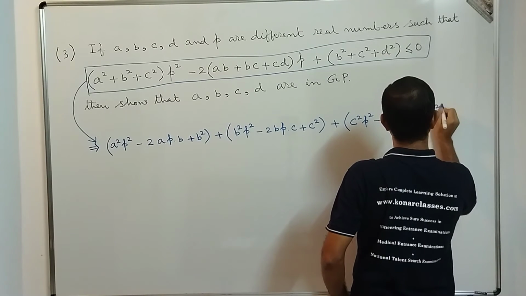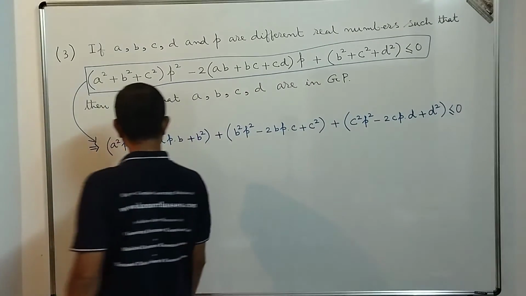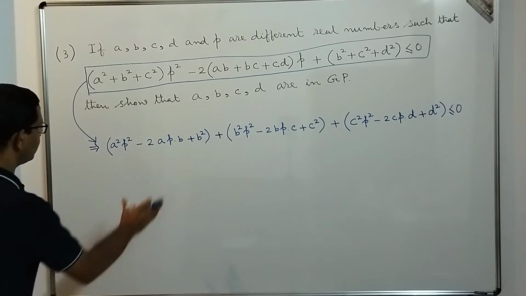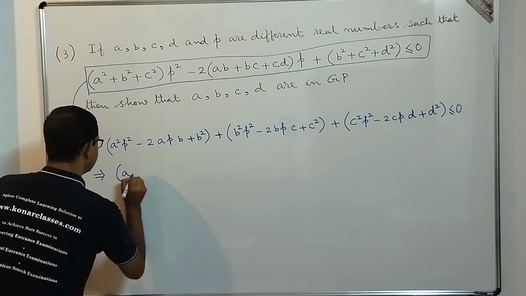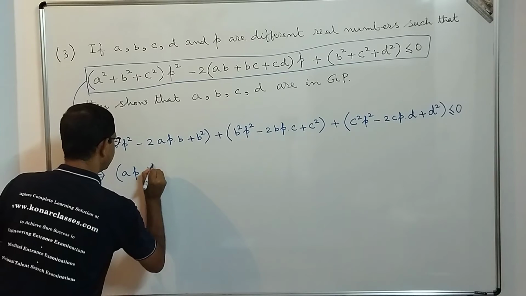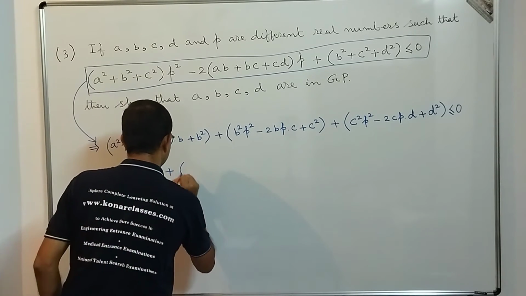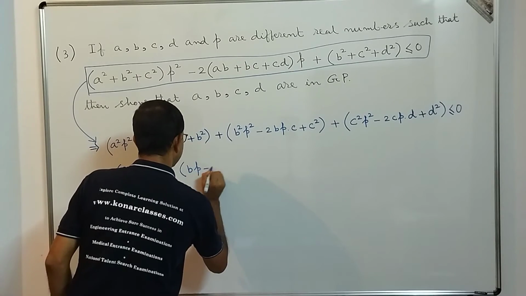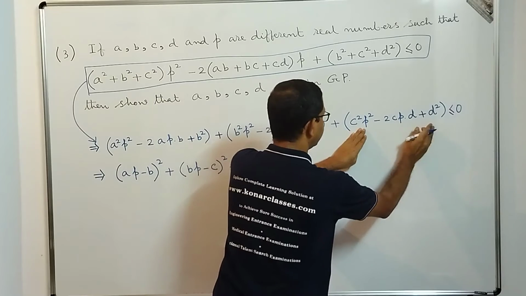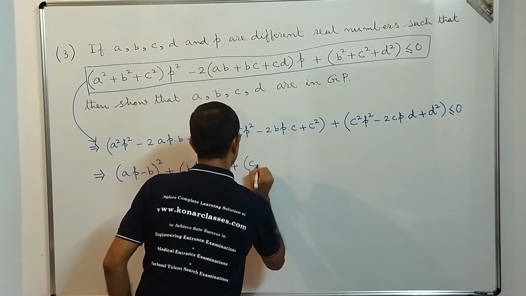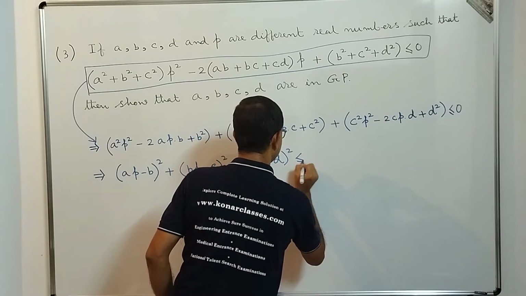Plus D square is less than equal to 0, correct? So what we can write from this one, dear students, this implies that AP minus B whole square plus BP minus C whole square plus CP minus D whole square is less than equal to 0.